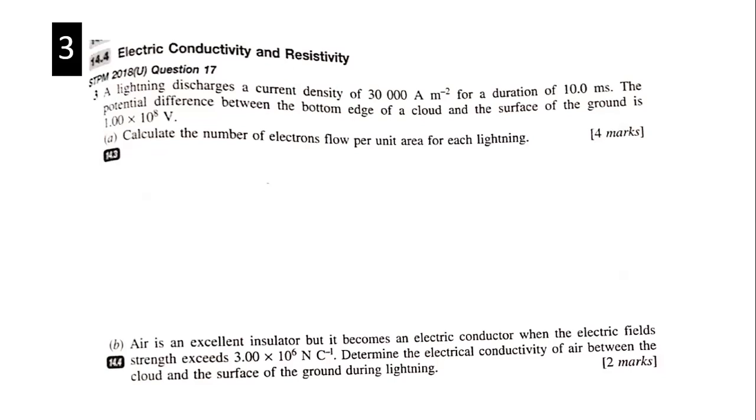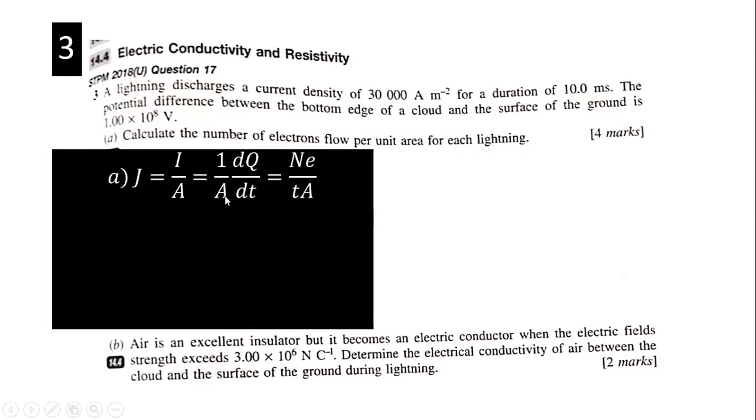J equals to I over A. Yeah, start from here. Current is related to electron. Right? J is I over A. Then your I is dQ/dt. Then Q is N times e. Right? Your t is your time. Then put in your value.